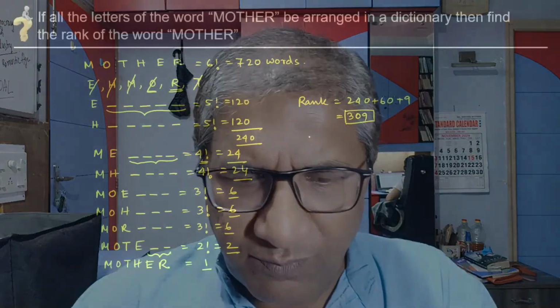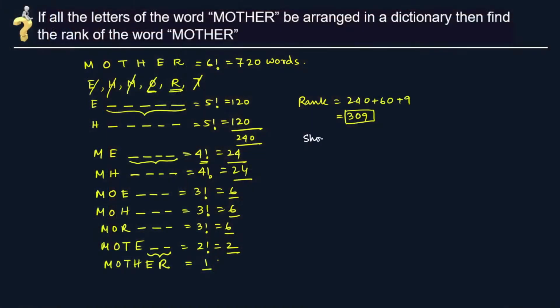So now you see the shortcut method. This is the shortcut method. Listen to it very carefully. How will we do this? We are having MOTHER. The first step is you simply give a number to all the alphabets alphabetically.